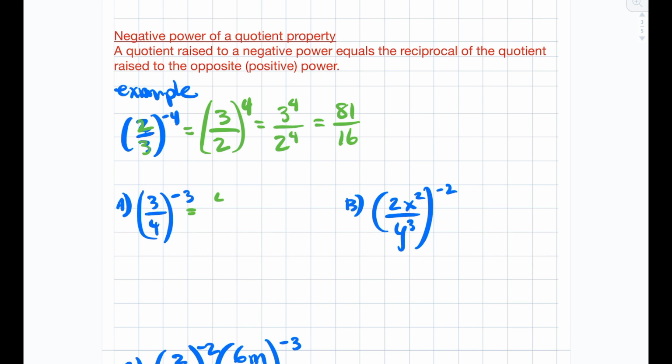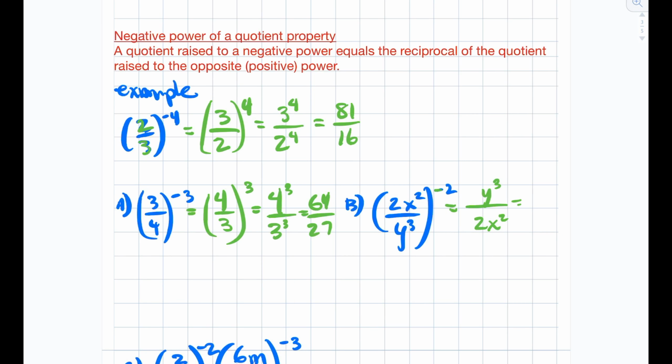This one, flip it upside down. 4 goes on top, 3 goes on the bottom, all raised to the 3rd power, which is equal to 4 to the 3rd over 3 to the 3rd, which is 64 over 27. This one, flip upside down because we have this negative sign here. So it's going to be 2x squared, and on the top is going to be y to the 3rd, which is equal to, and this is all raised to the 2nd power now.